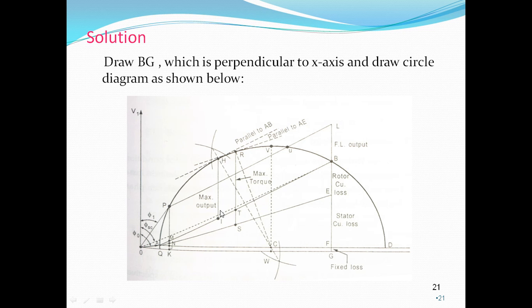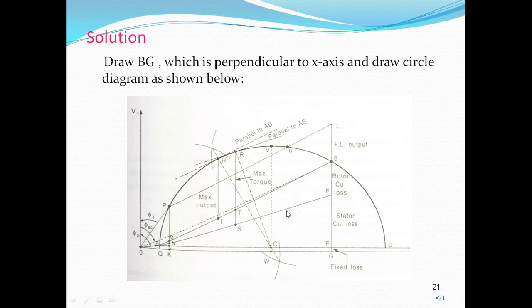Likewise, HI is the maximum output and RS is the maximum torque. BE represents the rotor copper losses, EF represents stator copper losses and FG represents fixed losses. AB is the output line and AE is the torque line.